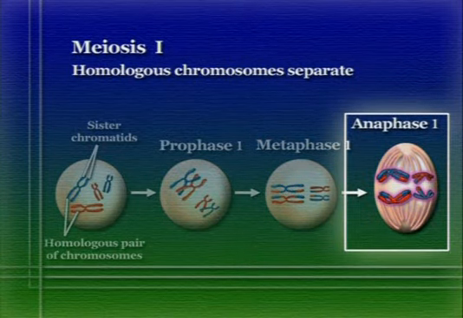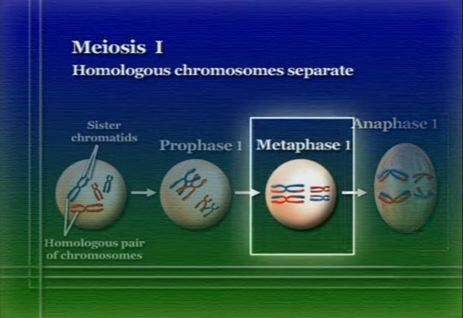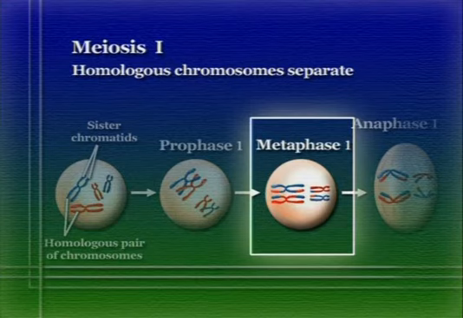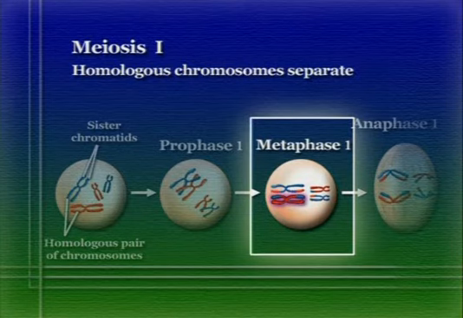Remember also that when this happens, the maternally and paternally derived versions of these homologous chromosomes, in other words, the homologs you get from one parent or the other, sort out completely independently. The way that one homolog arranges at that first metaphase has nothing to do with the way that any of the other homologous pairs are arranged at that first metaphase. In this way, the assortment of homologs is completely independent of each other across different chromosome types.